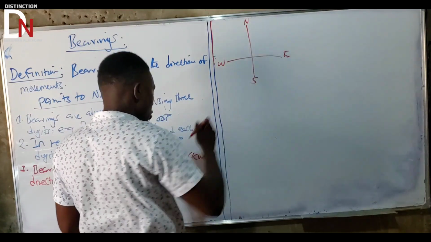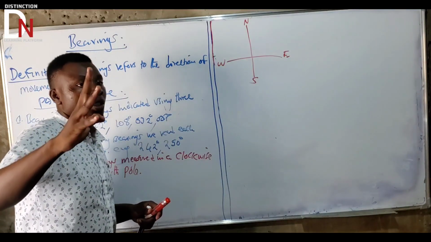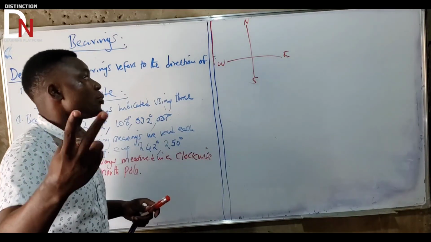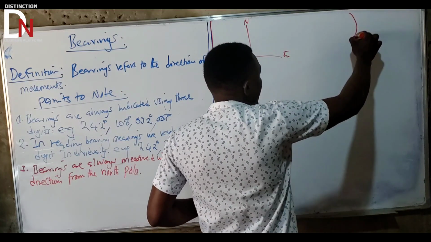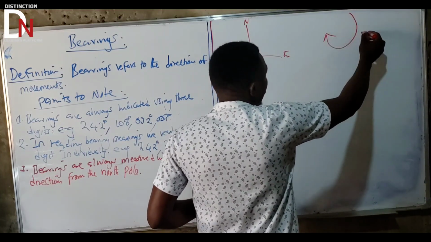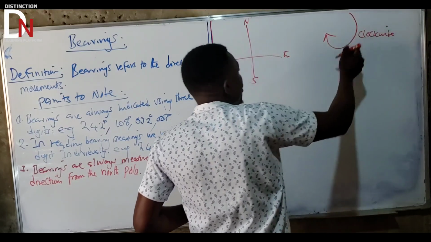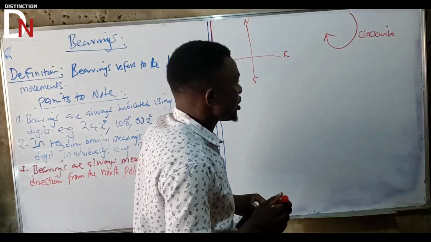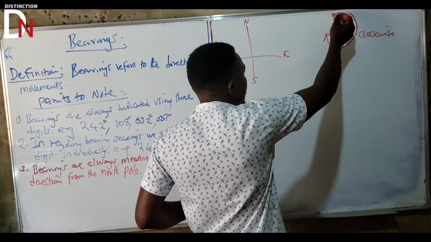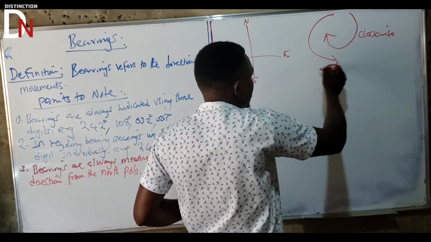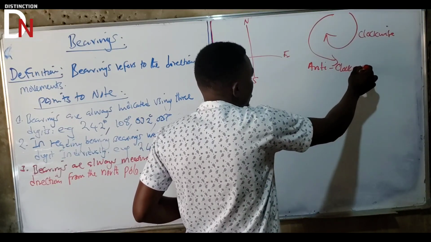And how do we move? We have two important directions. We have the clockwise direction, and the opposite is the anti-clockwise direction. If I'm moving like this, this is the clockwise direction.